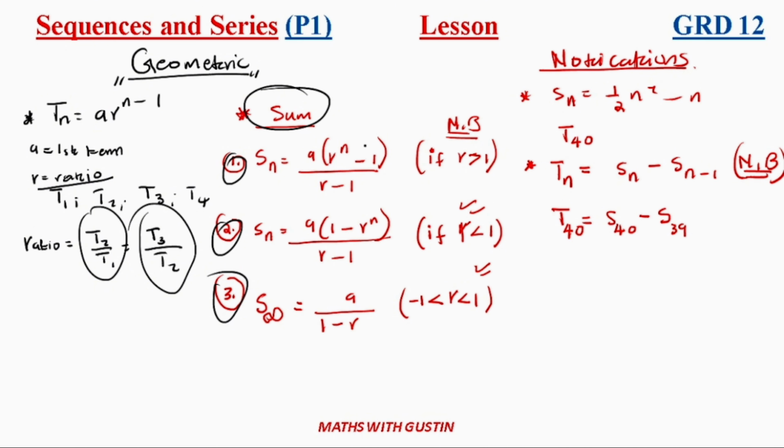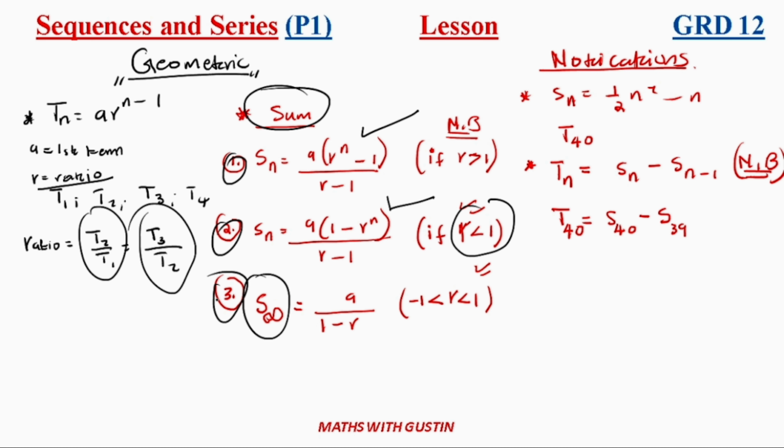And then we said here that the one where r is greater than 1, you would use this one right here, and where r is less than 1, you use this one of 1 minus, and where r is in between -1 and 1, you would use the sum to infinity.